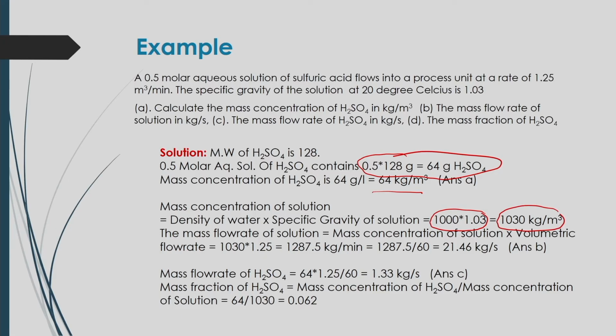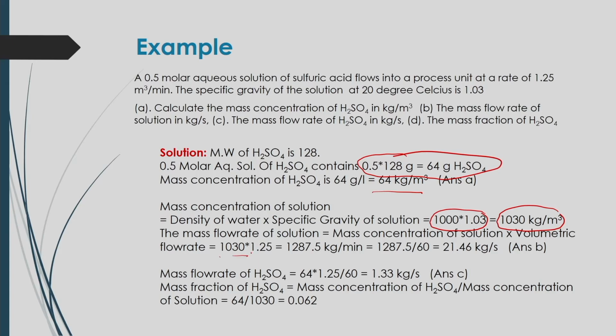And the mass flow rate of the solution will be the mass concentration of the solution into the volumetric flow rate, because mass concentration into volumetric flow rate, which is with respect to time, will give you the mass flow rate.